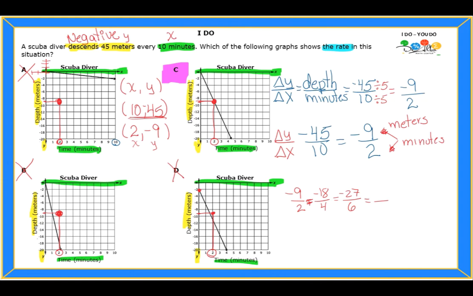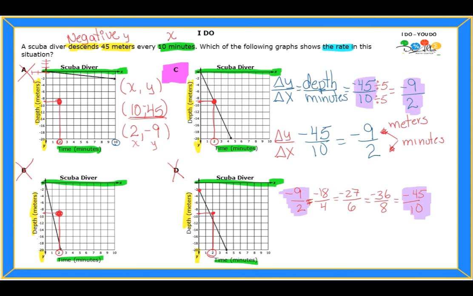If you multiply by 4, it will be negative 36 over 8. And if you were to multiply by 5, you will have negative 45 over 10. And notice how that number is actually the one that I started with. Is that correct?